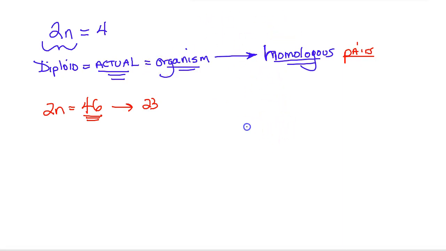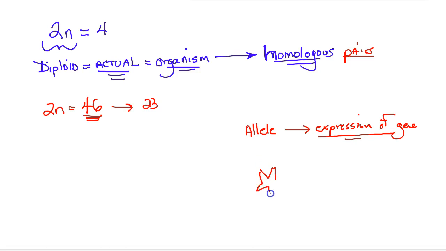So let's talk about one allele. Now, allele, of course, is an expression of a gene. What does that mean? Well, it's usually something we can see. For instance, we talked in class about a flower, and I'm not really good at drawing flowers, but if I have a flower that's red versus a flower that's white, we should be aware that these are called alleles.